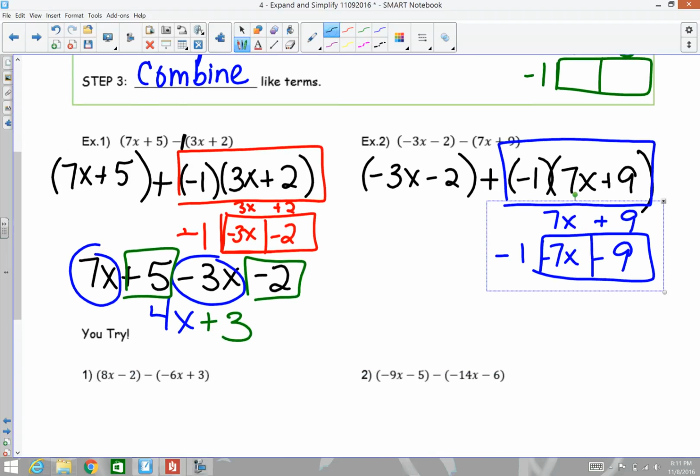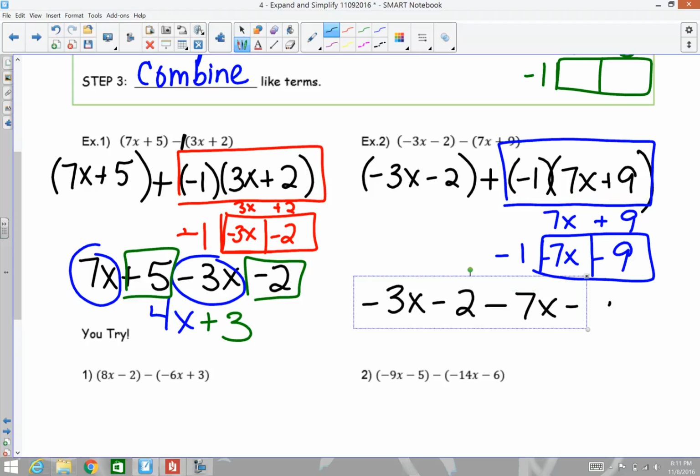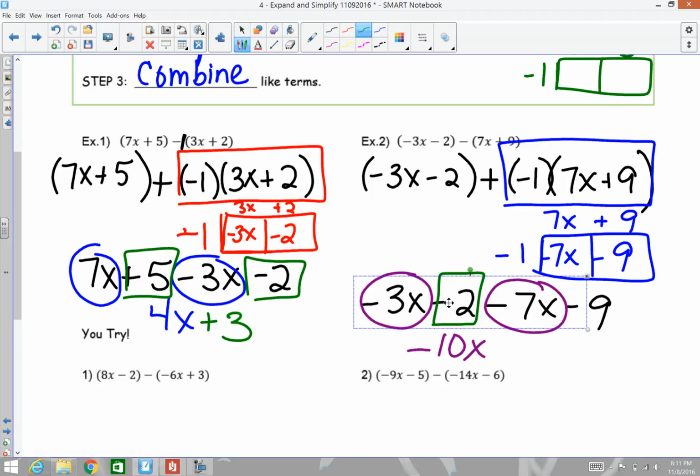And we will rewrite, dropping the parentheses. Negative 3x minus 2 minus 7x minus 9. And combine. Negative 3x and a negative 7x will be a negative 10x because they have the same sign. And then -2, and then -9 will be -11. Again, they had the same sign.